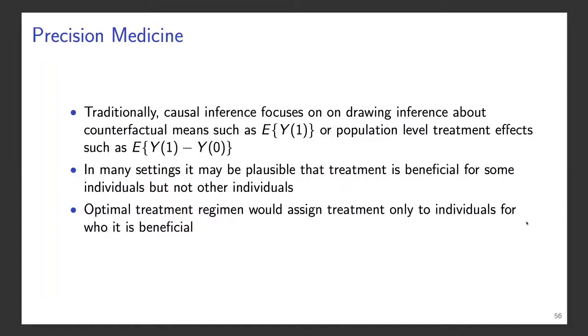The area of precision medicine is basically developing statistical methods to find that optimal treatment rule. Because you're thinking of individuals having two potential outcomes in the simplest case, one if they receive treatment, one if not, this is really just a causal problem. So one view of precision medicine is that it's a sub-area of causal inference.